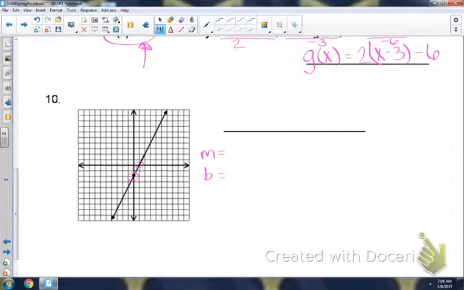We're going up 2, right 1, and then your y-intercept is negative 2. So that would be 2x minus 2. On the linear graphs, it's easier if you just find slope and y-intercept, and that will help you with determining what your graph is.